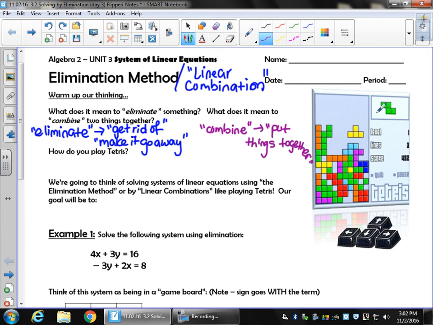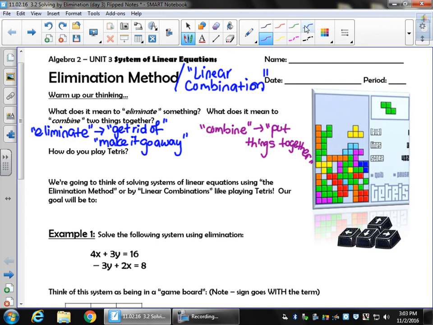Now, I'm sure you noticed this picture of Tetris. I hope it's a game we've played at some point in our life. If not, a quick overview of how the game is played. You move pieces left or right, and you can rotate the pieces so that they fit, and the goal is to make a complete line where all of these blocks are in a line and they get eliminated.